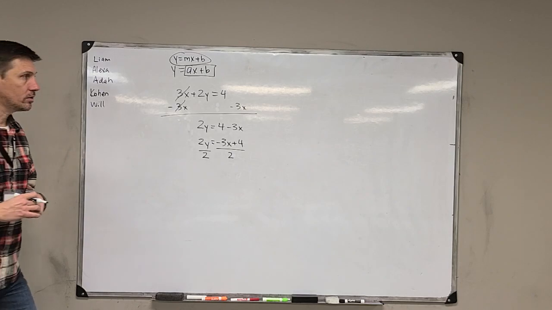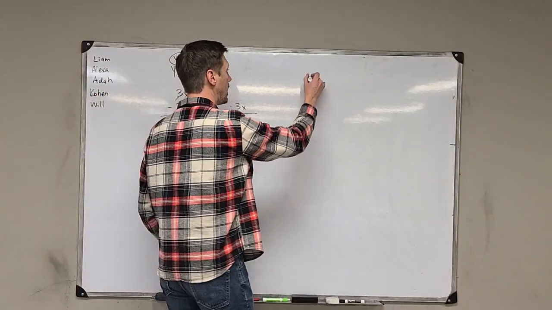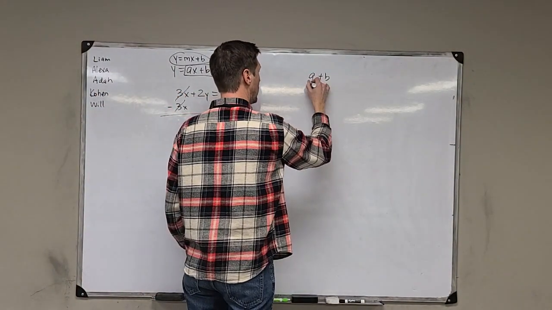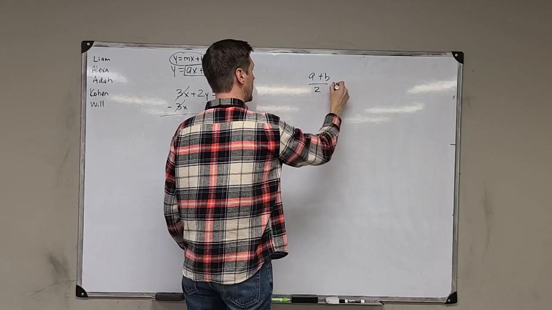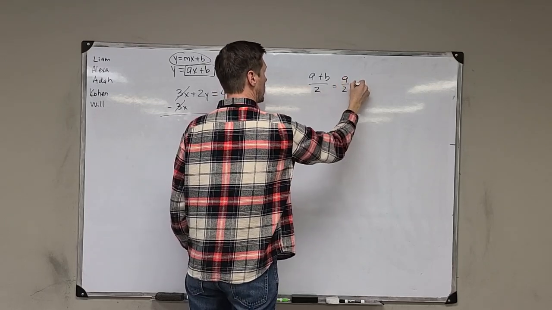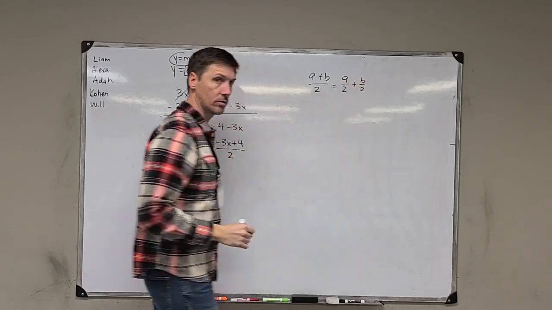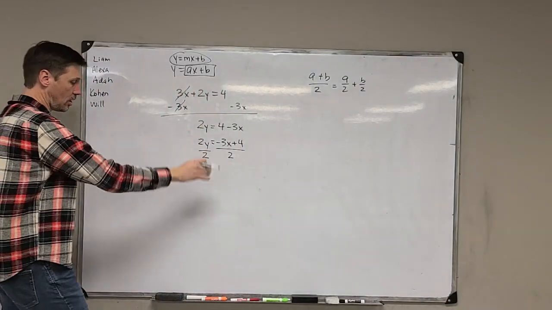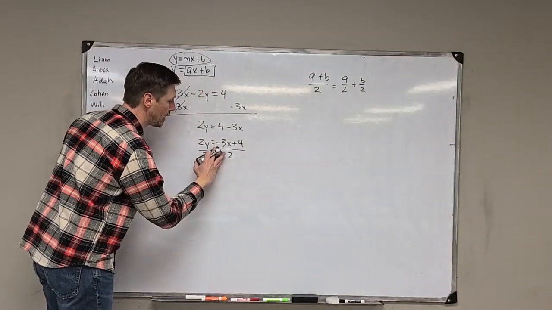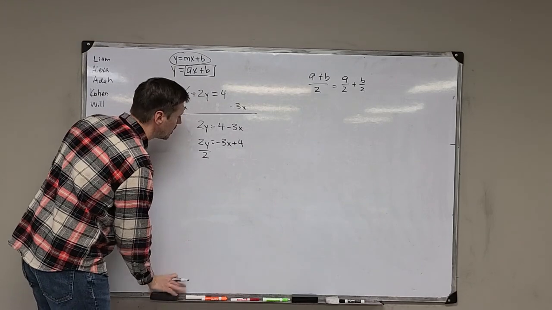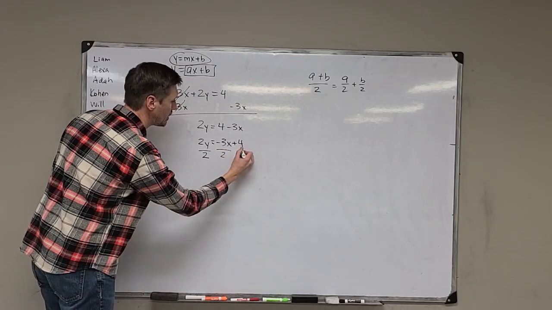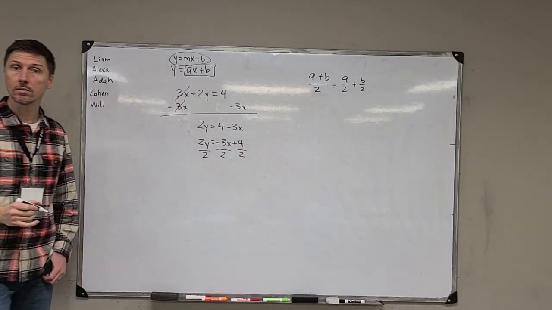Now remember, when you're dividing the whole thing by 2, if I have a plus b over 2, that's the same as a over 2 plus b over 2. So I can write it like that. Instead of dividing the whole thing by 2, I can say I'm going to divide each individual term by 2. So this by 2 and that by 2. Okay?